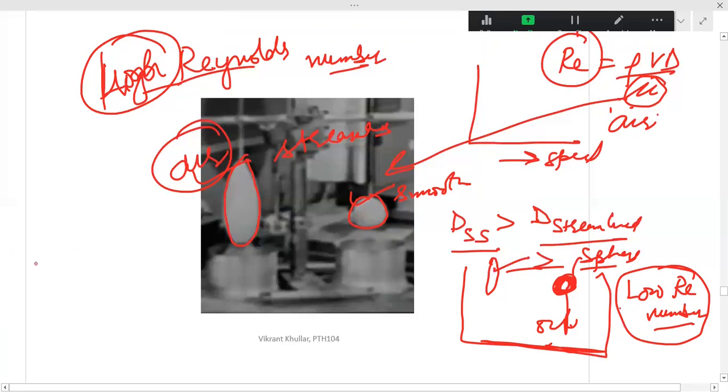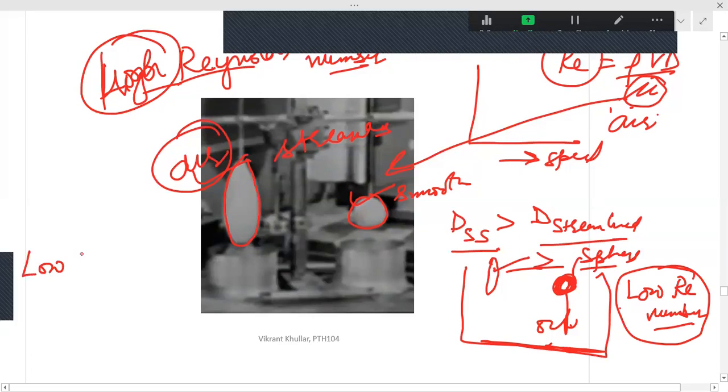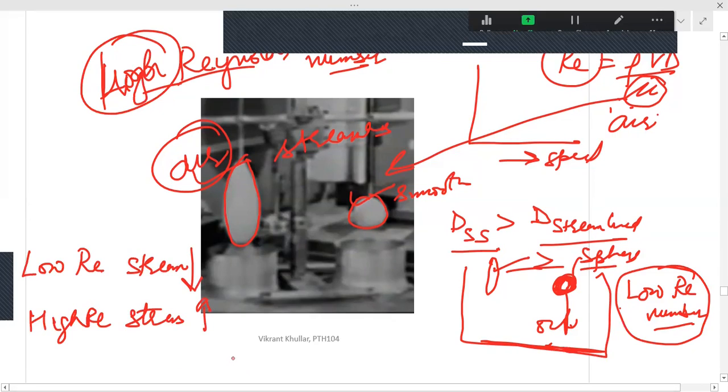So we saw that at low Reynolds number, streamlining has an adverse effect, whereas at high Reynolds number, streamlining has an advantage.